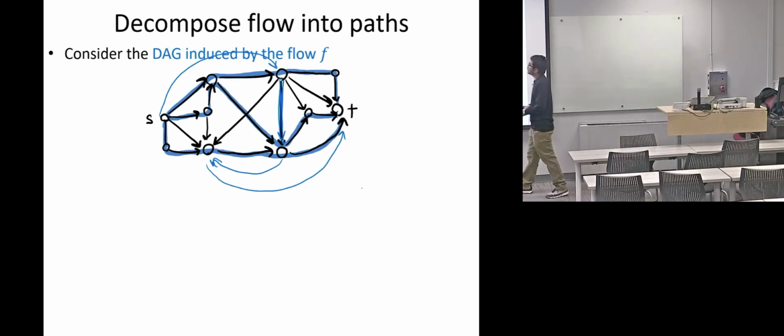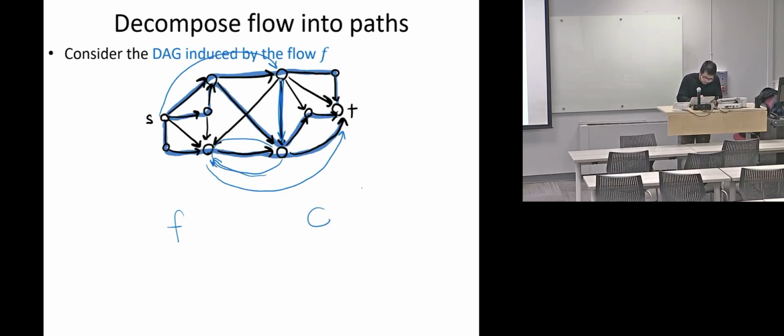So my claim is this. If you have a flow F, but suppose that there exists a cycle C in the flow, like this one is a cycle.